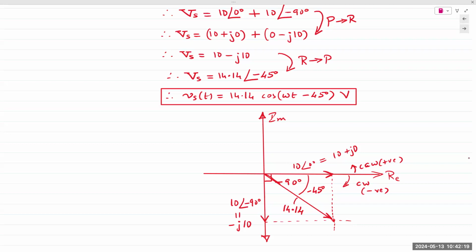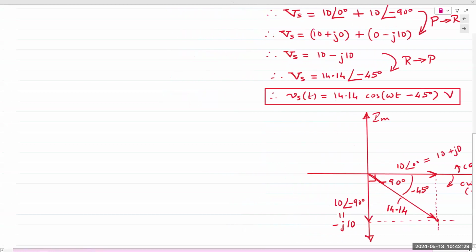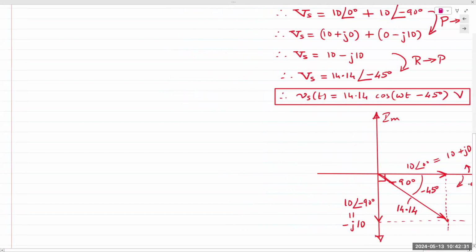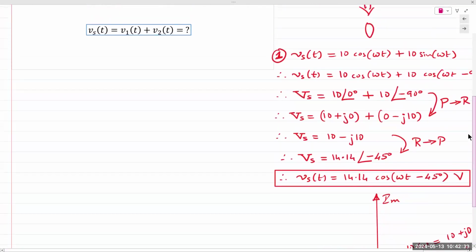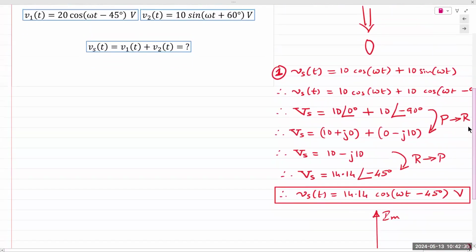Any questions? Okay, proceed with the second one. Exactly the same procedure and the same steps. And let me know what values you obtain for the final answer.